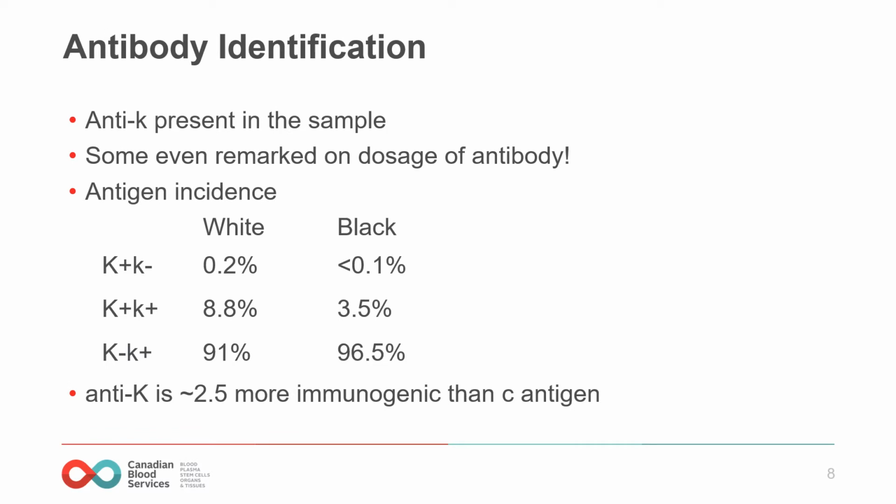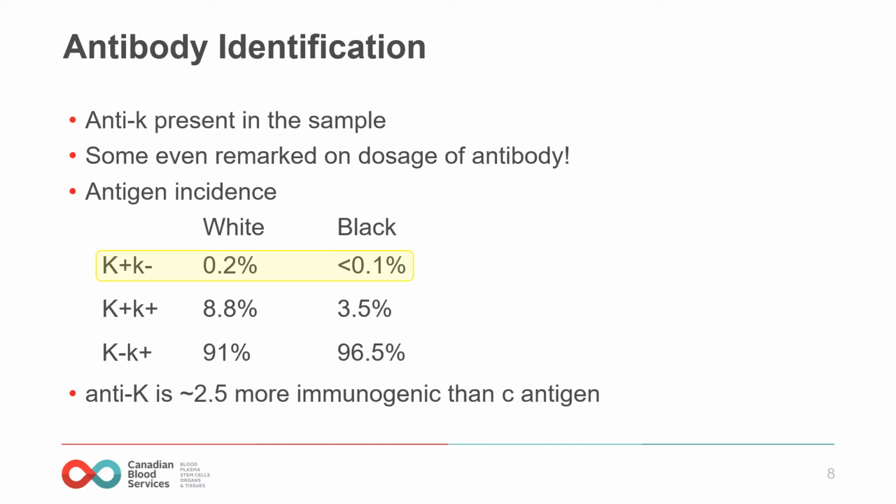So with the sample that we provided, there is a presence of anti-little k, and some of the participants even remarked on dosage of the antibody. The antigen incidence says that the homozygous big K is found in 0.2% of the white population and less than 0.1% of the black population.